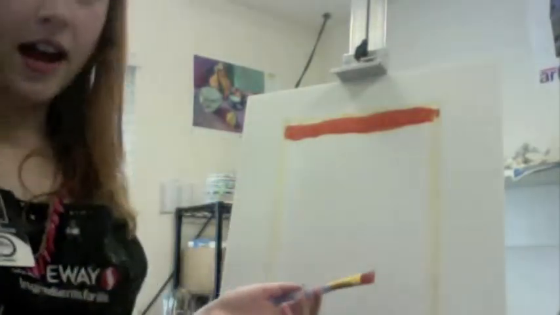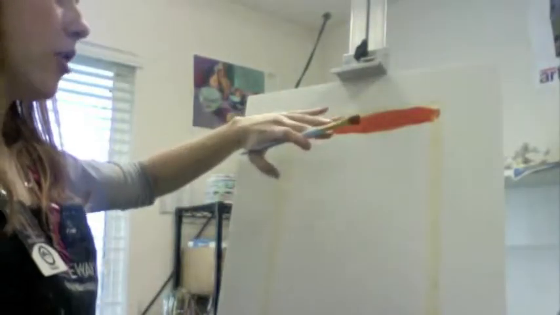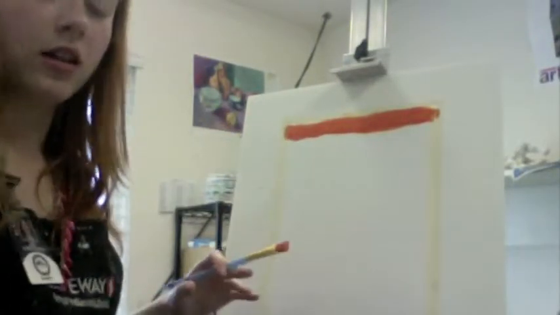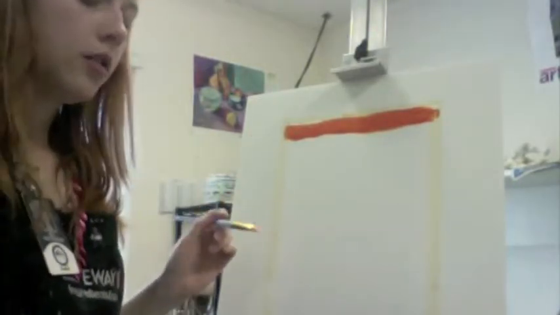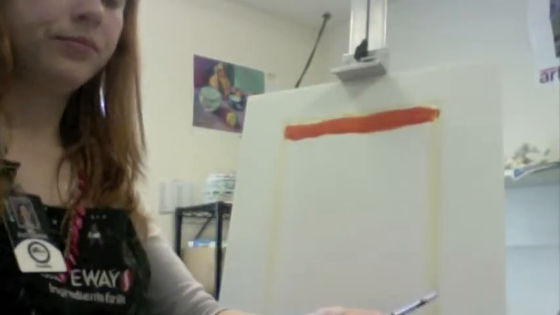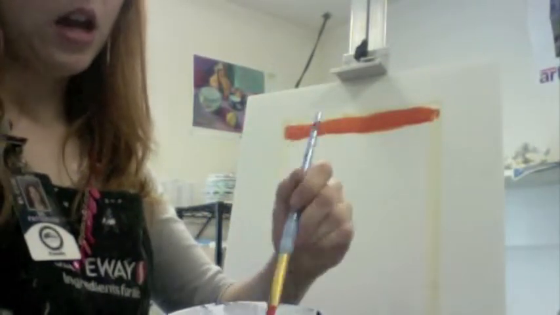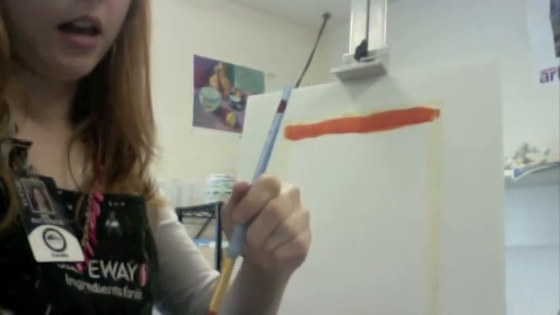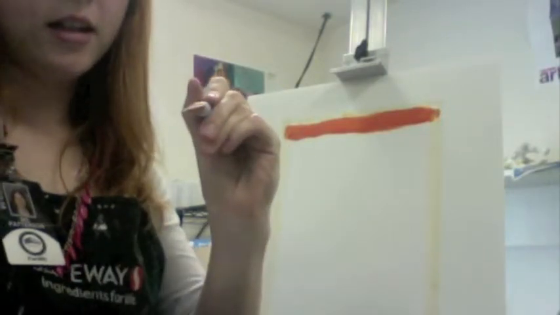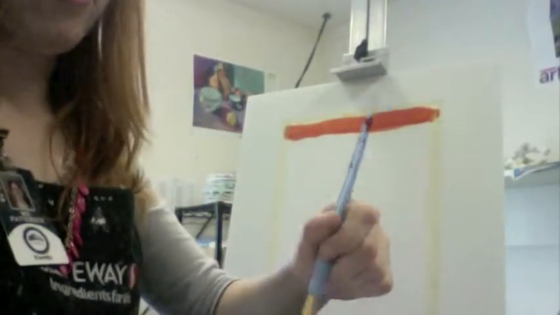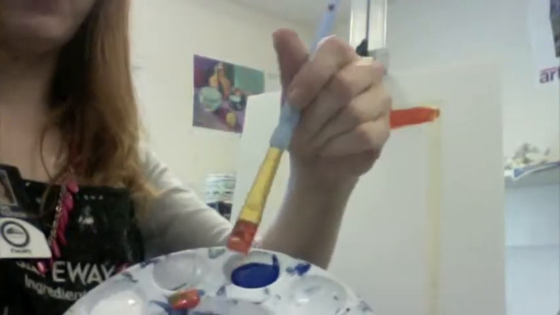Okay, next, now we want this to start receding into the background, so we want it to get a little duller and a little lighter. So next, we just take our orange, still our orange, and we mix a tiny, insignificant amount of white in there, so that it's barely really changed.